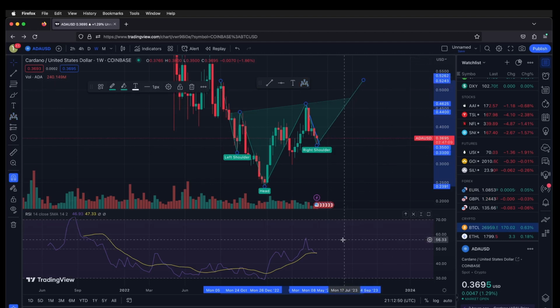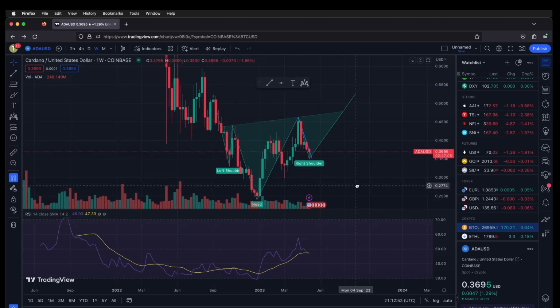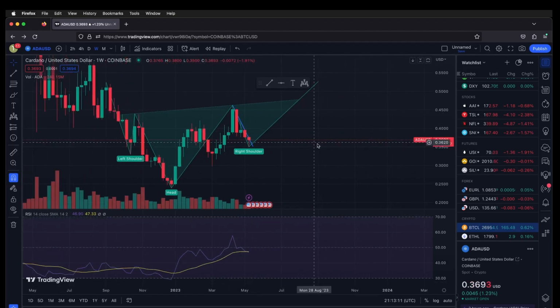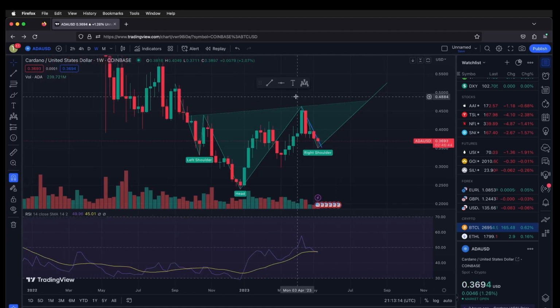And typically, if we were trading the head and shoulders pattern, we would not enter into the trade until it got past the neckline. However, if you're looking to get into a head and shoulders pattern early, then you would definitely want to make sure that you waited till it closed above this trend line.